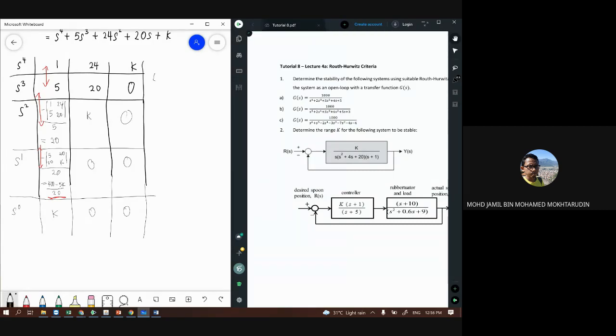So 400 minus 5K over 20 must be bigger than 0. Rearrange, so you get K less than 80.